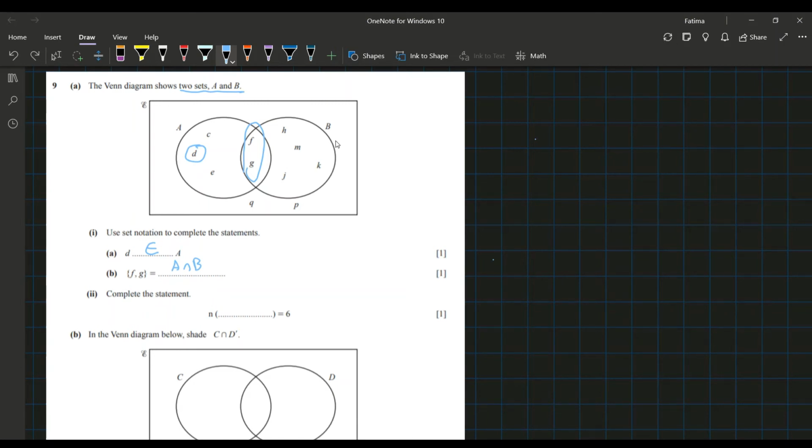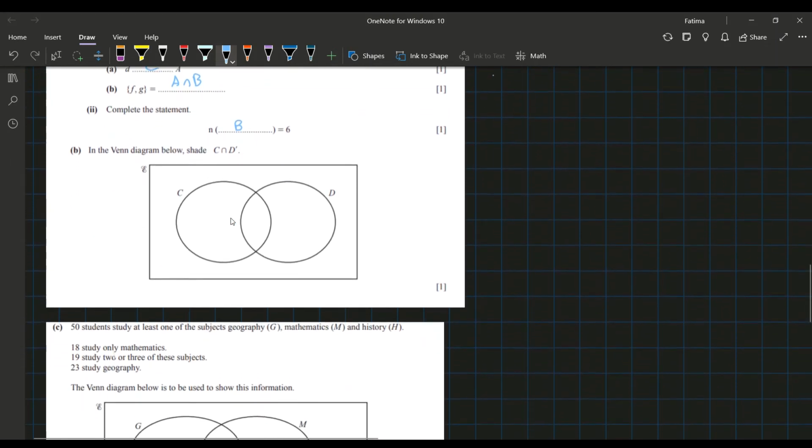So we need to check what region of the Venn diagram contains 6 elements. So for set B, there's 1, 2, 3, 4, 5, 6 elements. So it would be n(B) is equal to 6 because set B contains 6 elements. Set A, on the other hand, if we had to write the number of elements present, it would be 1, 2, 3, 4, 5. So it is not A.